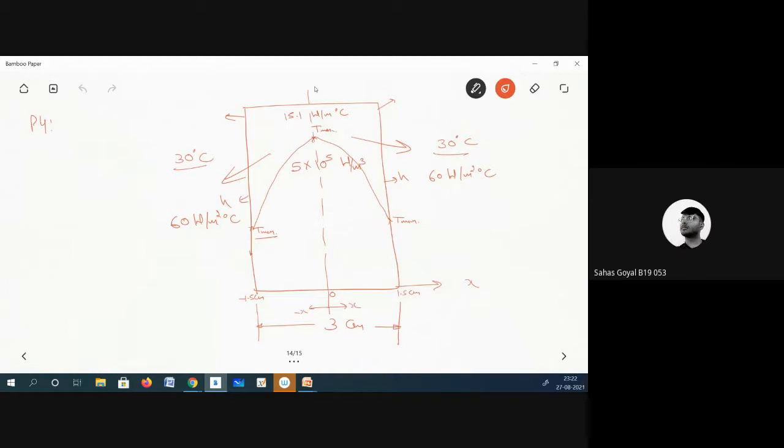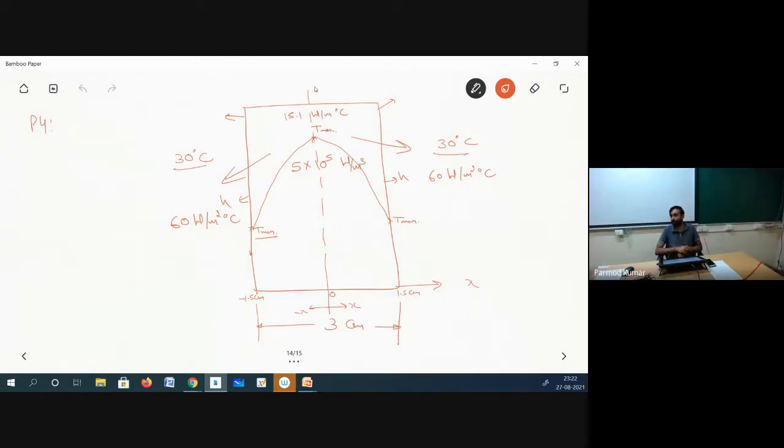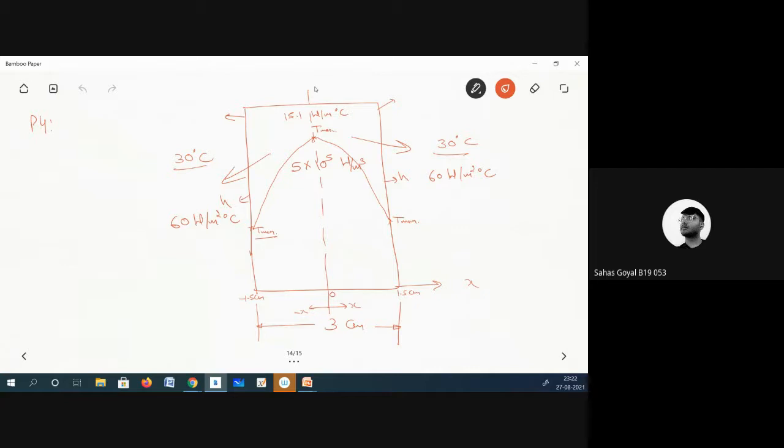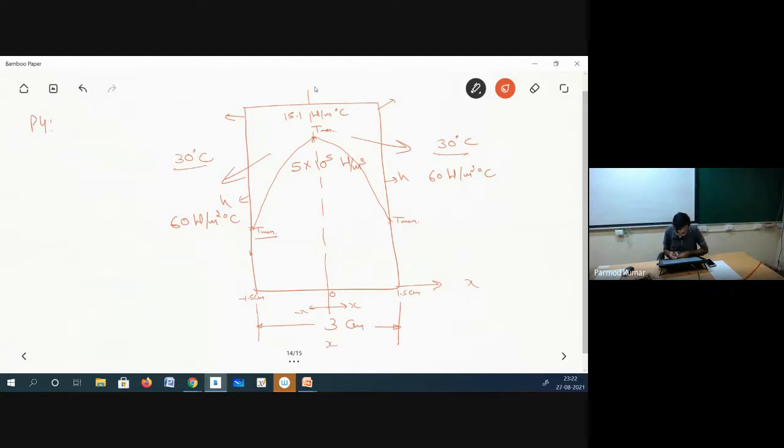Sir, minimum and maximum temperature places. But we don't know their values. Yes, sir. x equal to 0 and 1.5. So what will be the condition at x equal to 0? If at x equal to 0 the temperature is maximum, a maximum occurs at a point where the gradient is equal to 0.